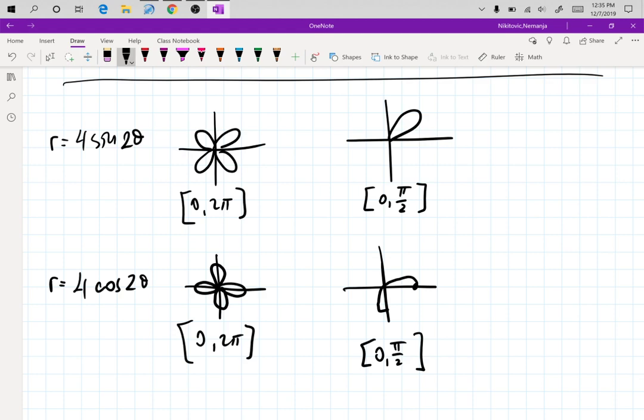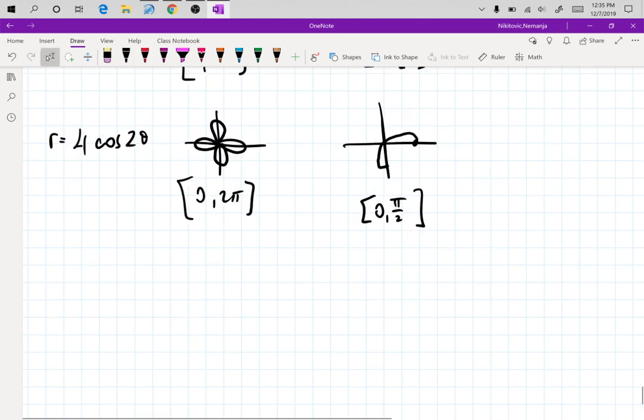So the best way for these flower problems is to get the whole thing from 0 to 2 pi, because that will definitely give you the whole flower, and then divide it by the number of petals you have. So that's the basic integration.